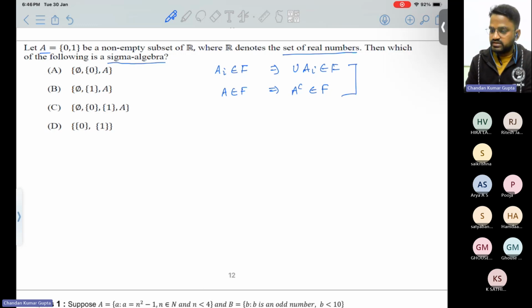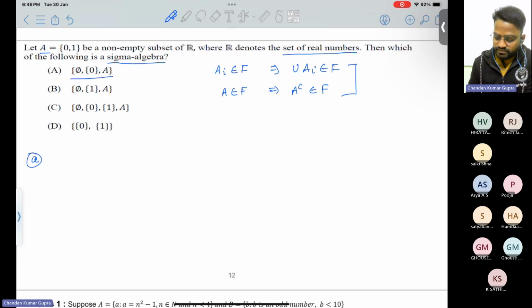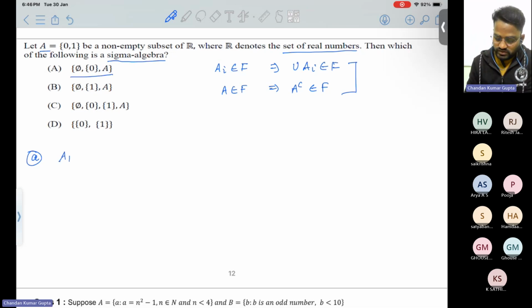Now check option A. Here we are given φ, 0 and 1. Suppose we take A1, which is a subset of this. When we take the complement of A1, what is it equal to? Can anyone tell?